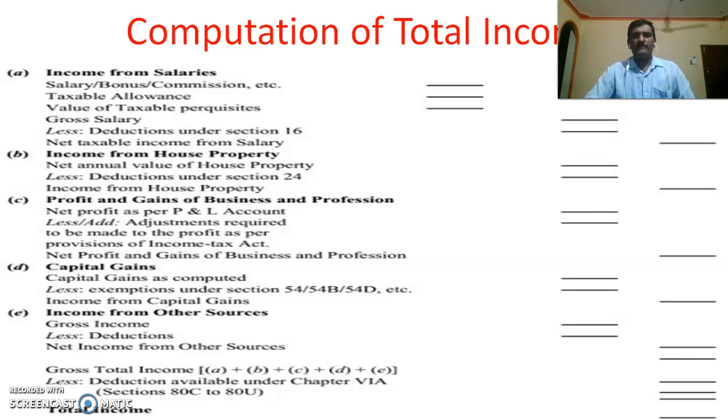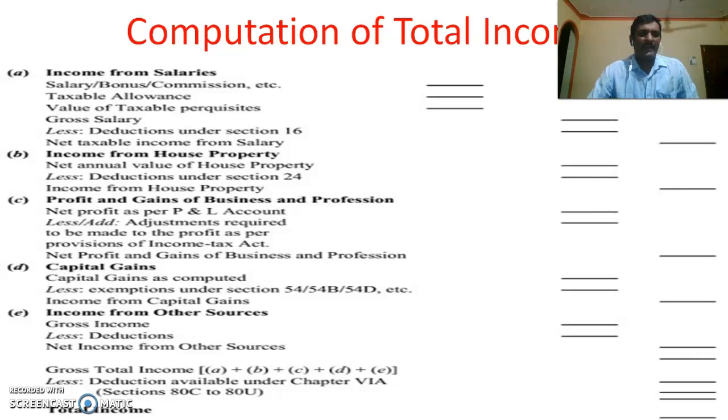The total income can be computed in this way. As I have just told in the last slide, total income can be computed through the 5 important heads: income from salaries, income from house property, profits and gains of business and profession, capital gains, and income from other sources. Then we will get the total income.